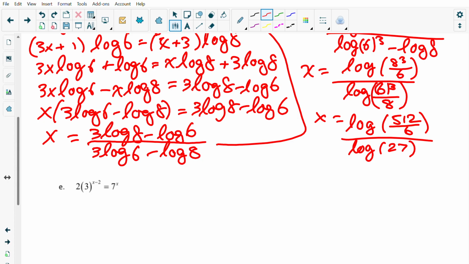Okay, and then let's combine this further using our change of base identity. So that's log base 27 of the argument 512 over 6.